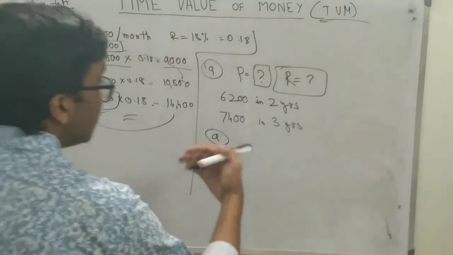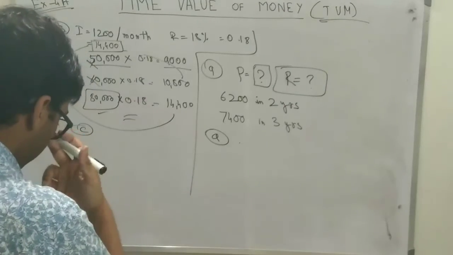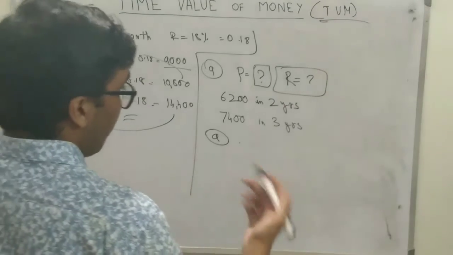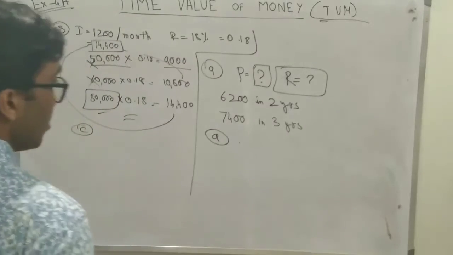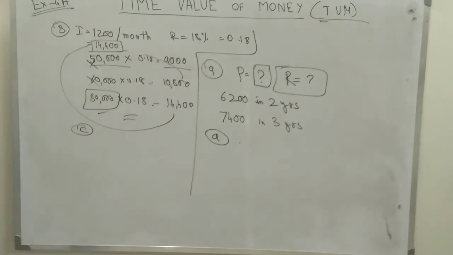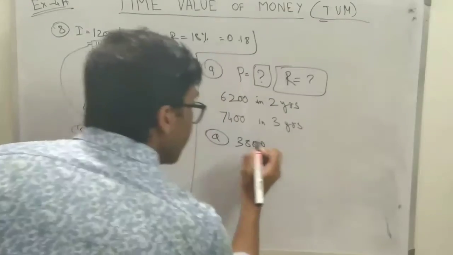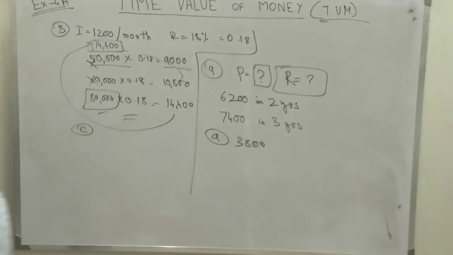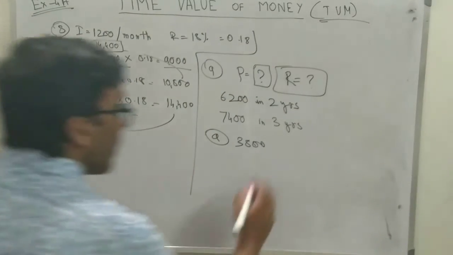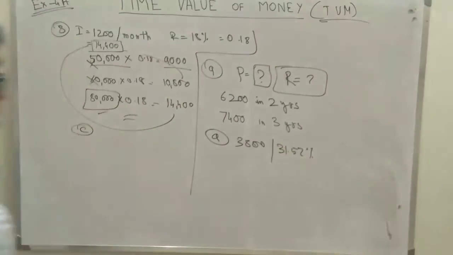You are taking a particular option and you are checking whether it is correct or not. So there's no chance of mistake. The first option is given as 3800 is the principal amount and 31.57 is the rate of interest.